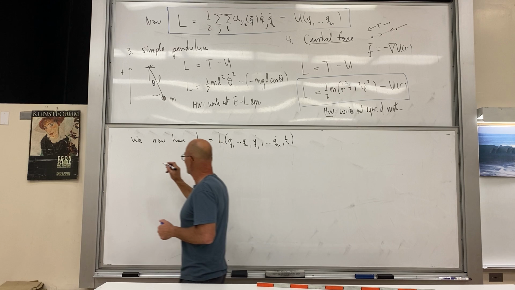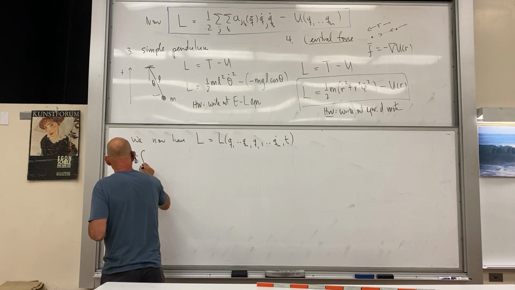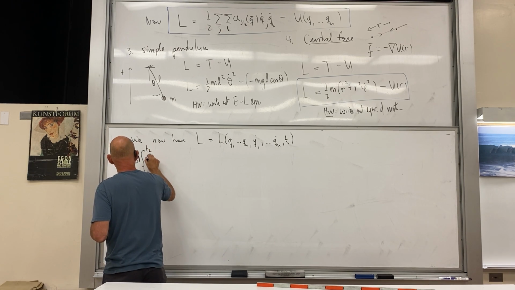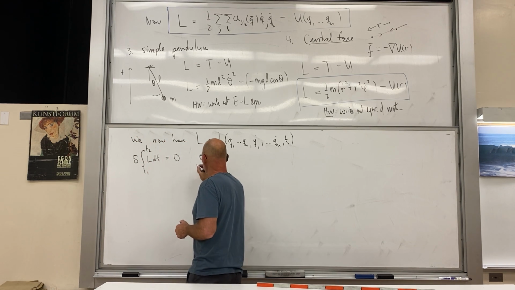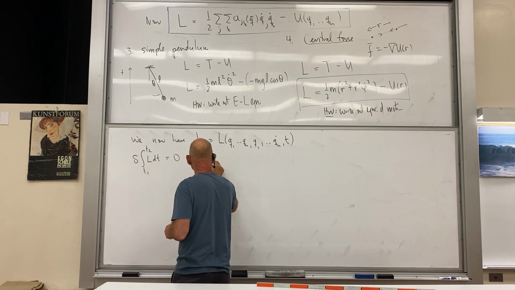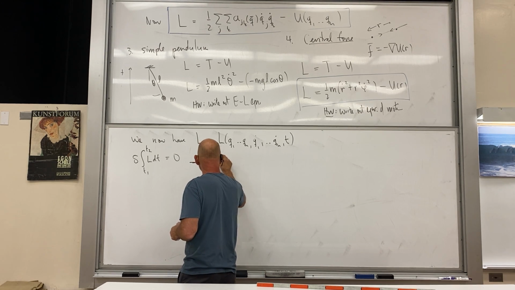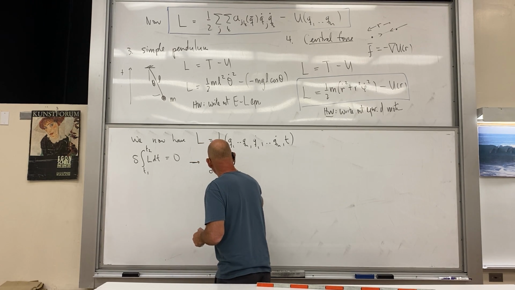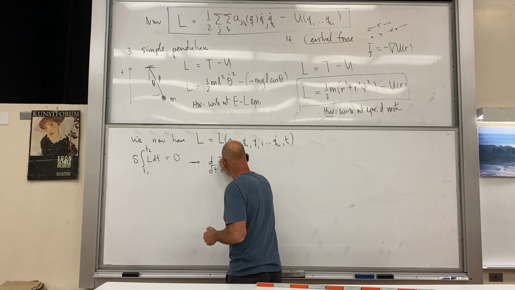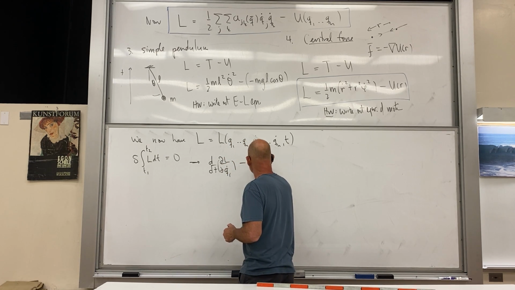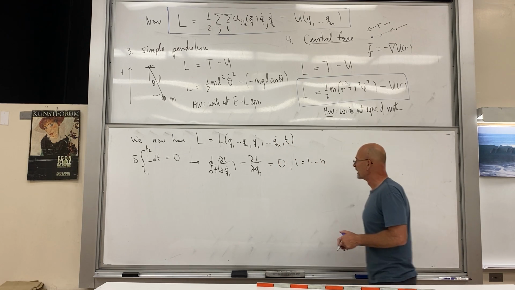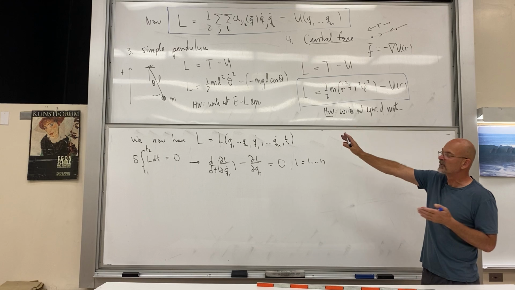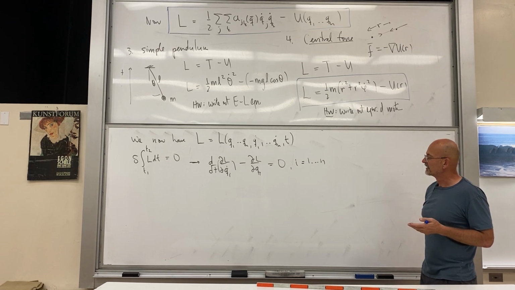We know that there's a variational principle that gives us two things. It gives us these Euler-Lagrange equations, d/dt of partial L partial q sub I dot minus partial L partial q sub I equals 0. This is the fact you need to do those systems 1 to 4, right?